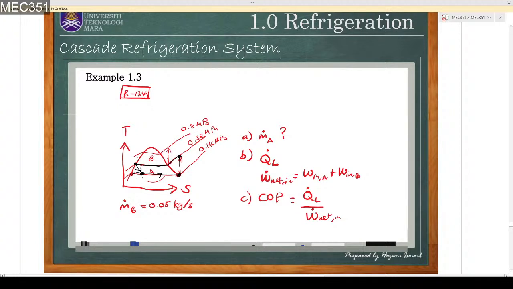So this is state 1, state 2, state 3, and state 4. States 1, 2, 3, and 4 happen in cycle A, but we have another cycle.